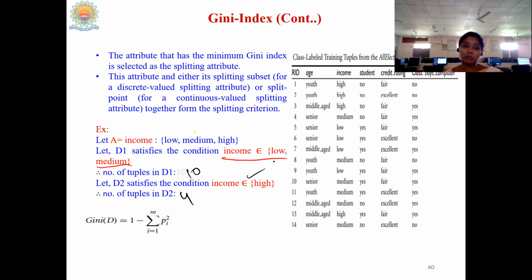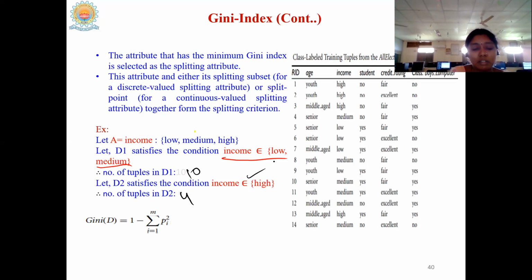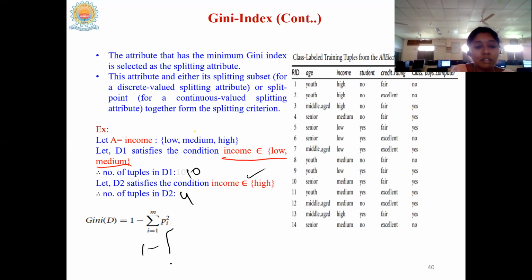So go to the next step. First, what to do? We need to find the GINI index of the entire data set. For that, here is the formula: GINI index of the entire data set. So calculate that for the entire data set. We know that P is the probability of the tuple belonging to a specific class.